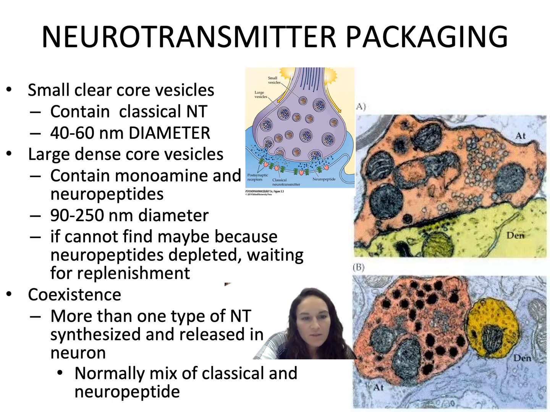If that's what the cell expresses and synthesizes, that is what the cell is going to be releasing with every action potential, this mixture. And so whatever a cell releases is a product of what the cell is expressing. So you can picture there's lots of options of what a cell is actually releasing. And if you want to know what a cell is releasing, then you have to know what types of proteins it's expressing.